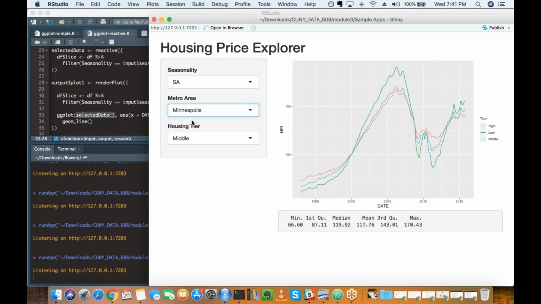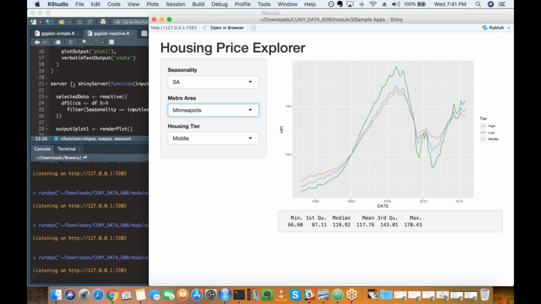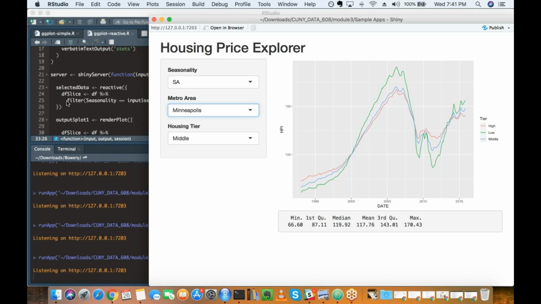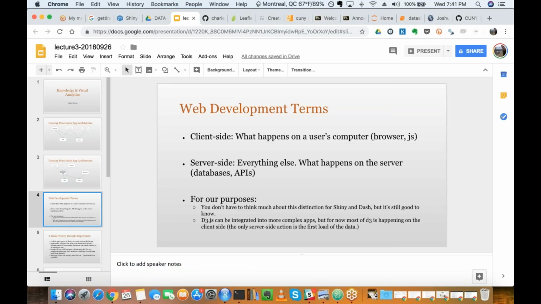Filter this data frame by Minneapolis, return the data, return the graph, and display it on the page. You get an idea of that with this server and UI concept, but this is really what's going on behind the scenes.